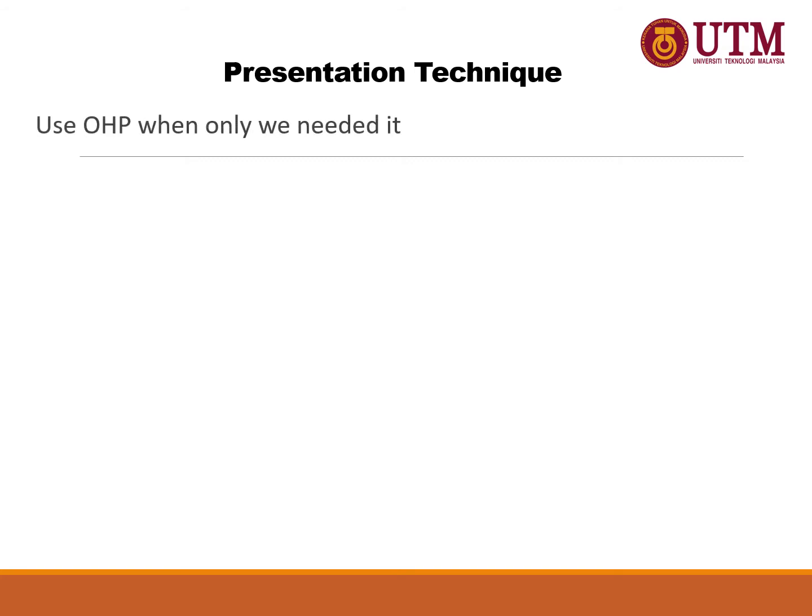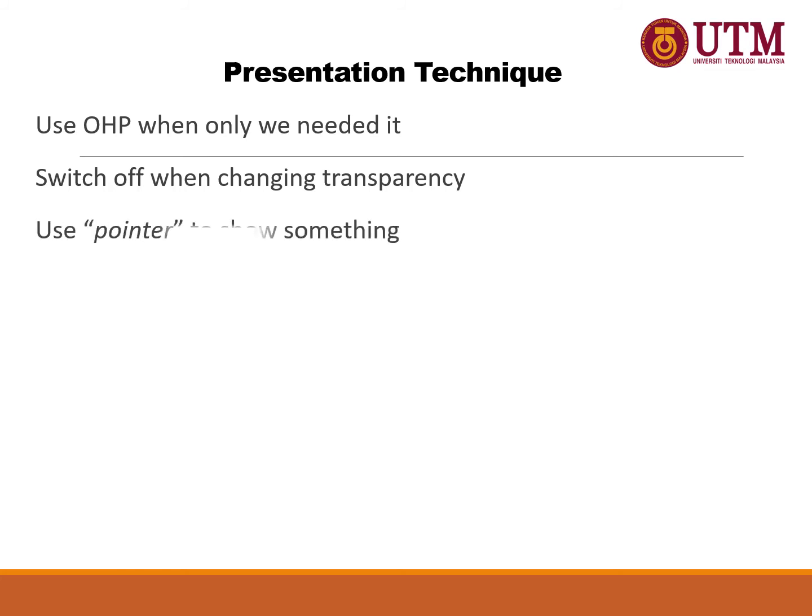And for the OHP presentation techniques, there are actually a lot of things that we need to be aware of before using OHP. First, we need to switch off the device itself when we want to change the transparency. We cannot simply take the transparency and put the other one without switching off the device. And we used to use a pointer to show something on the screen.